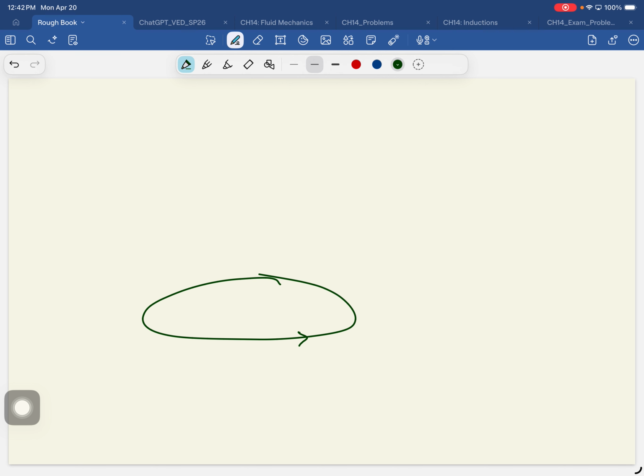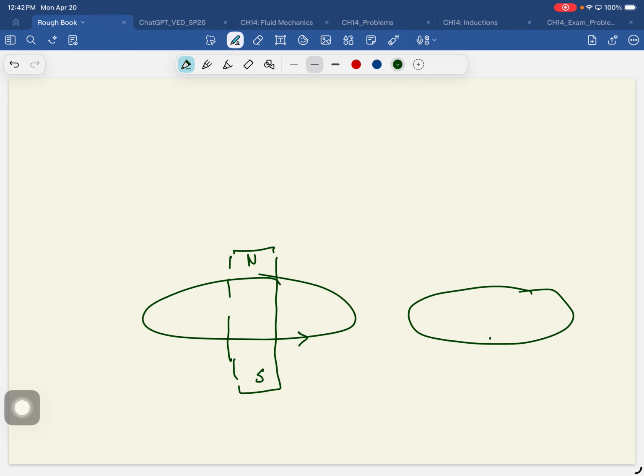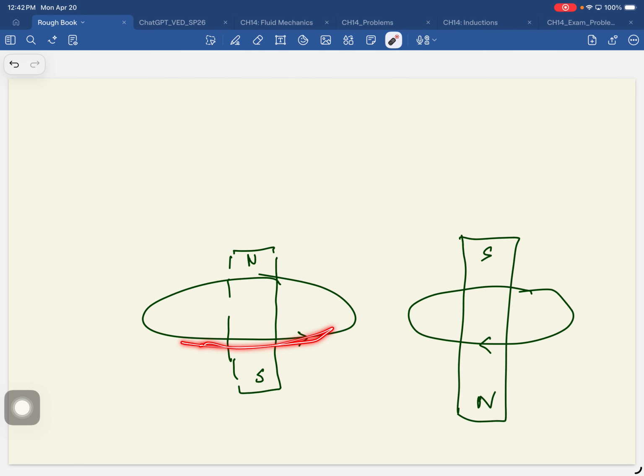When the current is like that, stick your fingers in that direction, and it will behave like a magnet, like so. And when the current is like that, this will be a south pole and a north pole. So in this coil, if you supply an AC current, then the polarity of this magnet will flip.